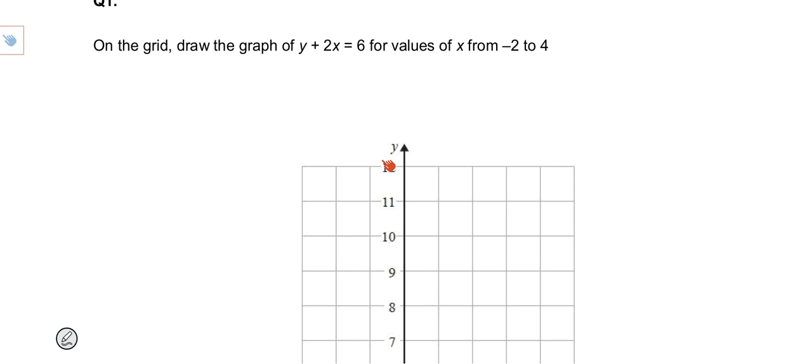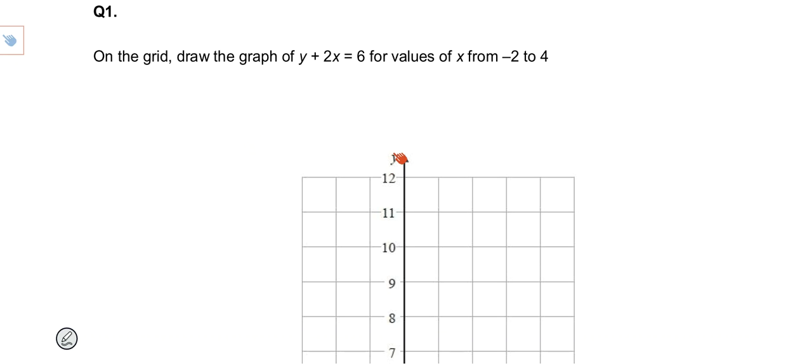Do you rearrange the equation so that it's y? You can do that. So should we write that down? So we've got y plus 2x equals 6. Do you want to rearrange it for us?